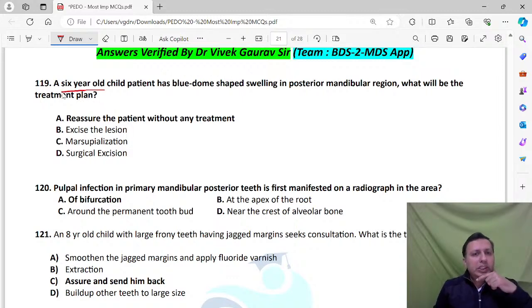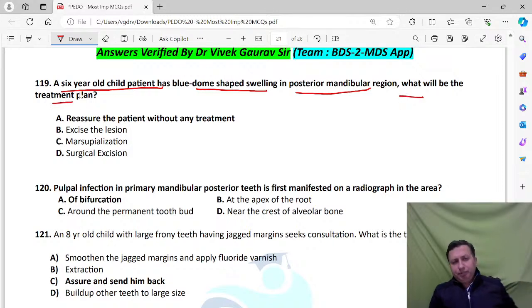A 6-year-old patient has a blue dome shaped swelling in the posterior mandibular region. What will be the treatment plan? See, in the posterior mandibular teeth, at the age of 6 years the first permanent molar erupts. When the first permanent molar erupts, sometimes there is an eruption gingivitis or an eruption hematoma that is generally seen.